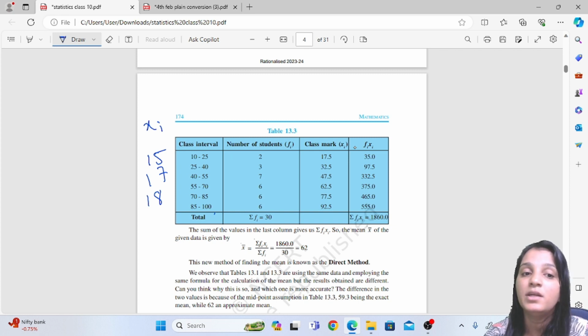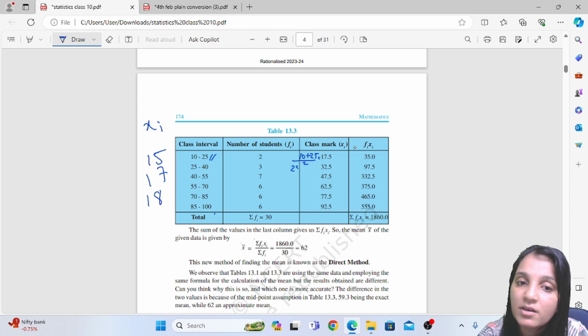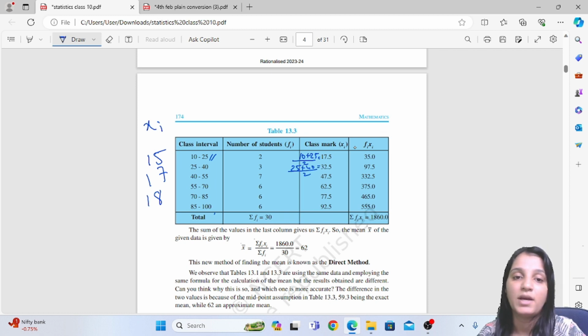Here directly the interval is given, so you have to take class mark xi, you have to calculate xi. So I already told you 10 plus 25 upon 2 will be equal to 17.5. Then 25 plus 40 upon 2 will be 32.5. Same thing will go on.